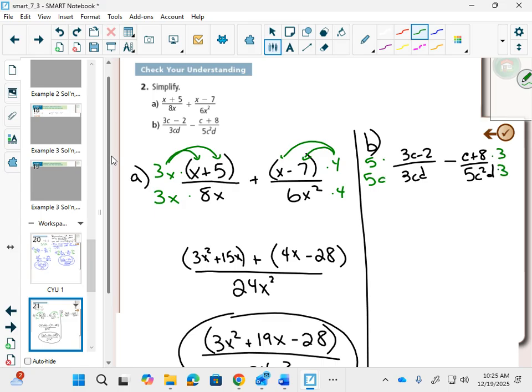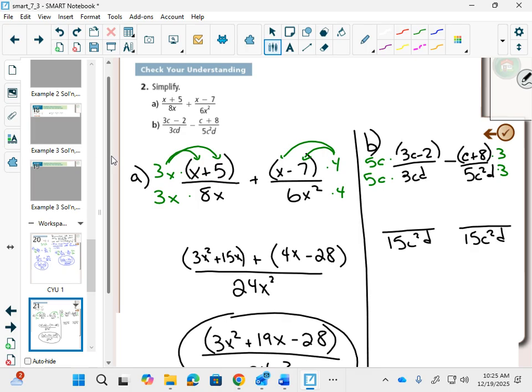This one needs a c, and this one doesn't need anything else, right? Now you're watching every step. I like it. So this is going to be a common denominator of 15c squared d, and this one's going to be a common denominator of 15c squared d.